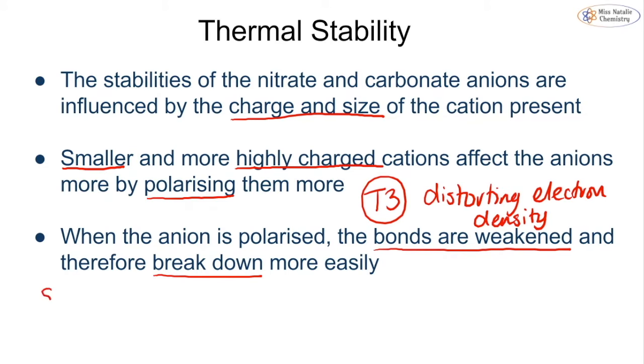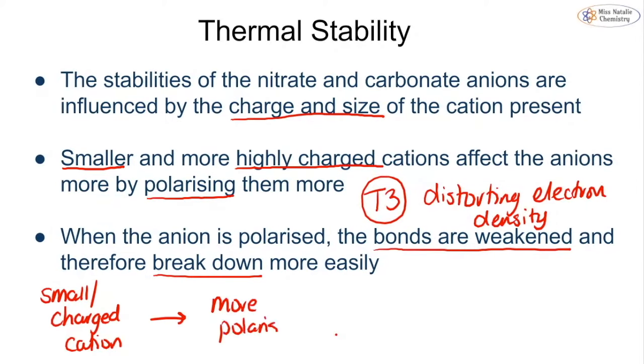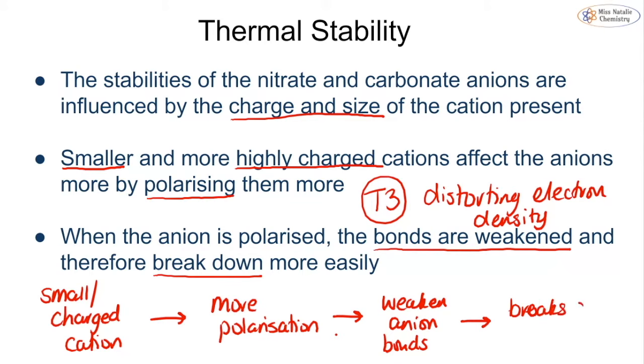So we want a small, highly charged cation, because that is going to give us more polarization, which is going to weaken the bonds of the anion, which allows it to break down more easily.